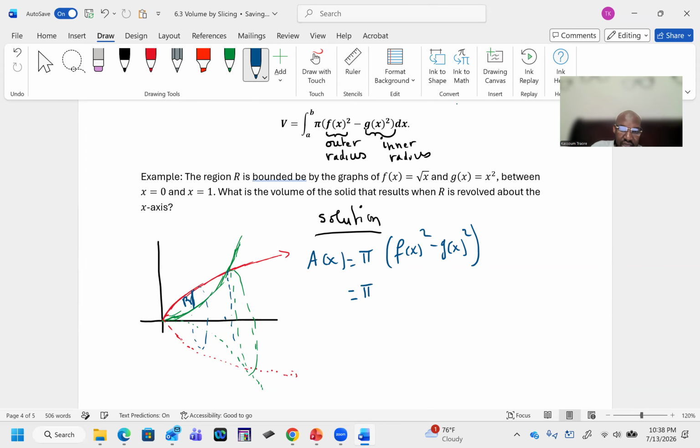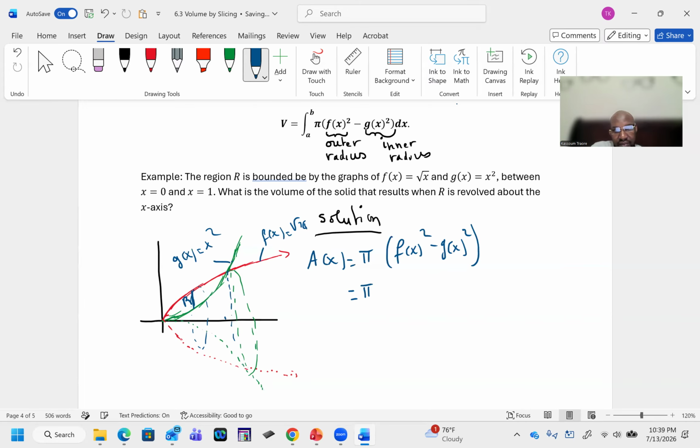What is our outer function? That is the red one, which is square root of x, right? This is f of x equals square root of x, and this is g of x equals x squared.